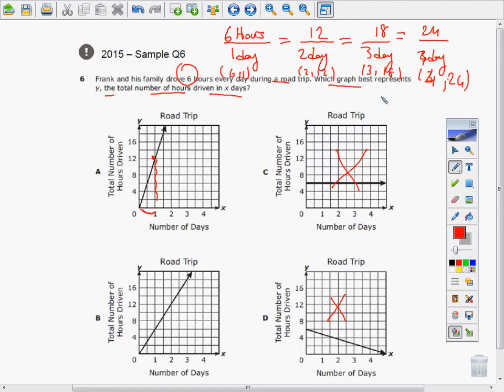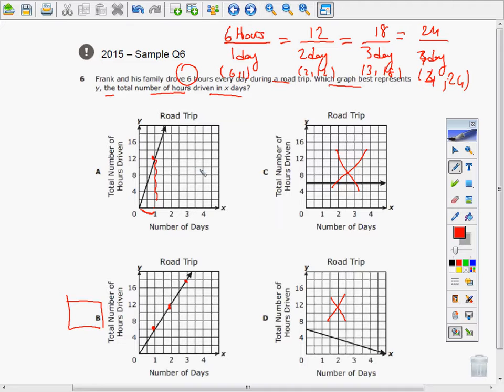When we look at our pair, it's really matching here. 1 by 6, 2 by 12, yes, 3 by 18, which is here. So in this case, B as in boy is going to be our answer.